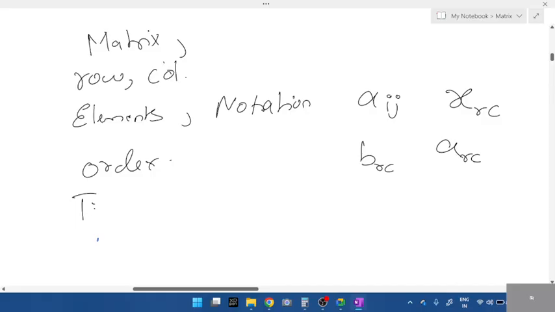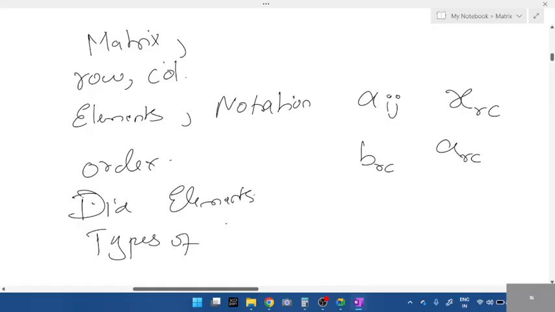After that, diagonal elements. Diagonal element is different, diagonal matrix is different. Next, we studied types of matrix.